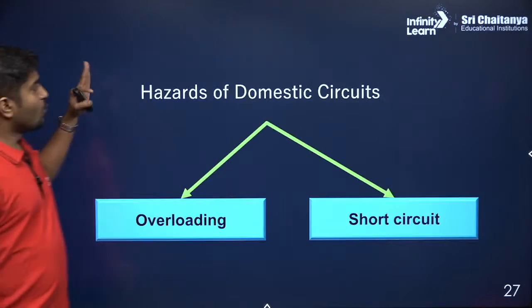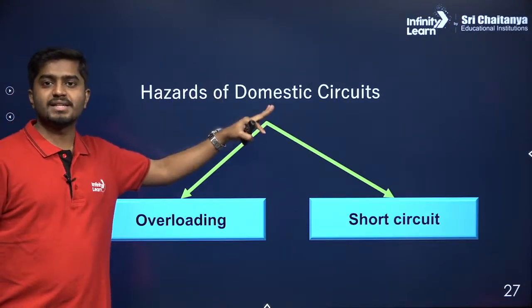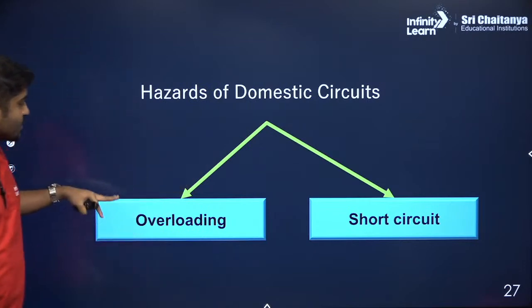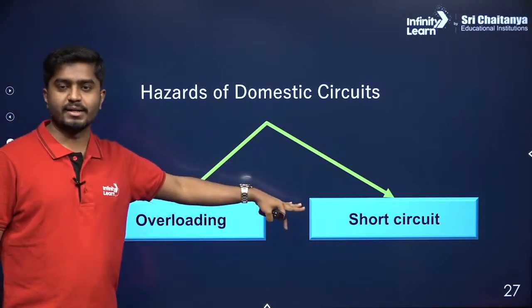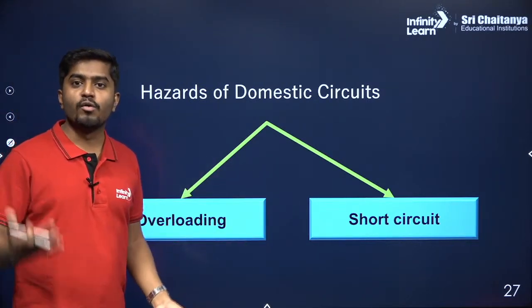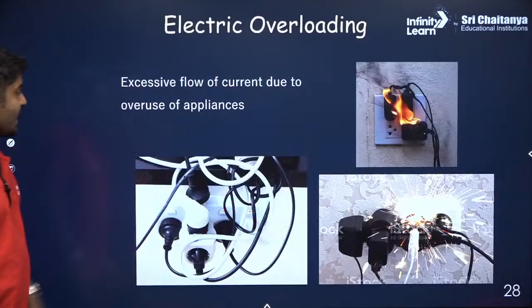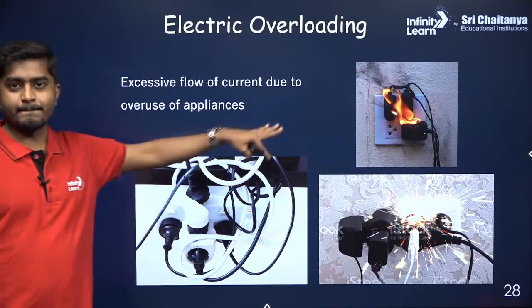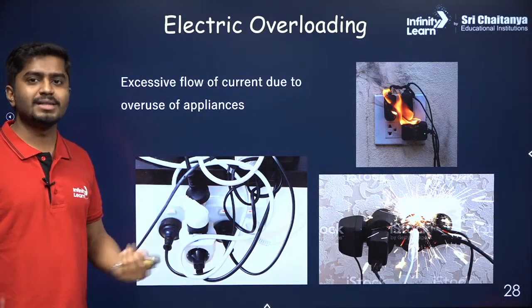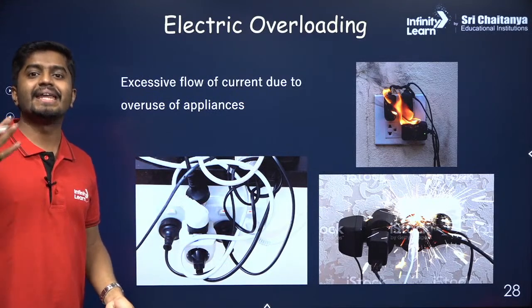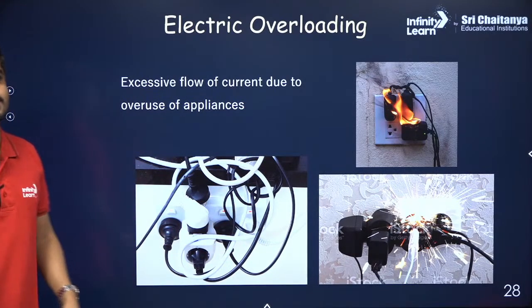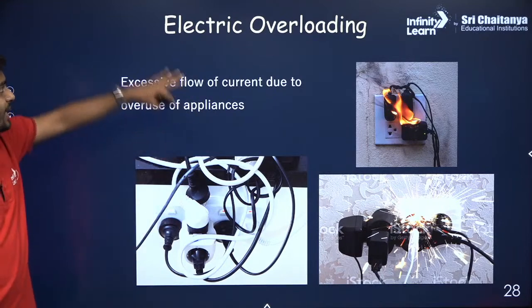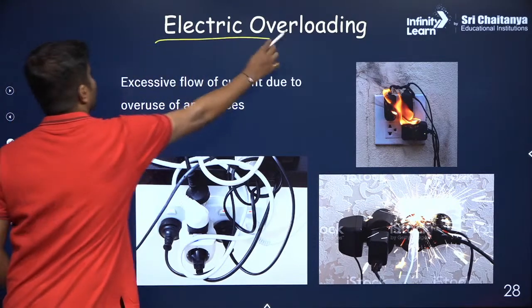Yes, nice, Priyanka, awesome. Now, what are the hazards of these domestic circuits? There are two hazards: overloading and short circuit. Let's understand what is overloading and what is short circuit. Have you done this, any one of you, in our houses? Or have you seen anyone doing this in their houses? This is called electric overloading.